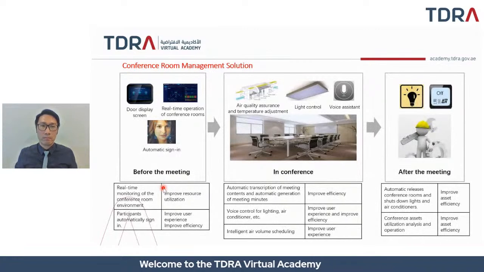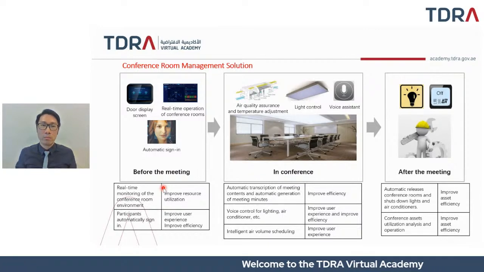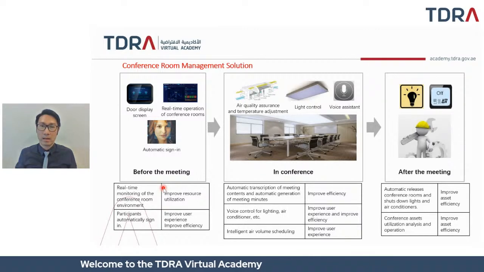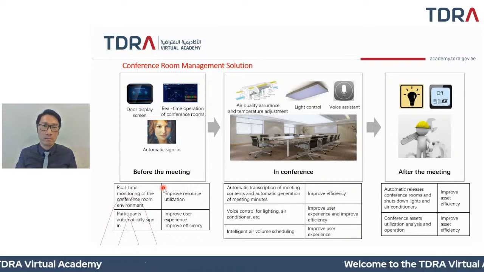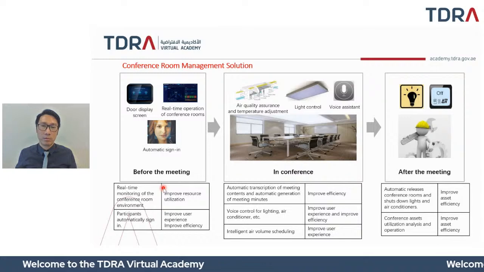And in the video, they also show how we can improve conference room reservations. Once you can book the conference room online, anytime you can book and reserve the slot for you. And before the meeting starts, they will prepare the meeting room, the temperature, lighting, everything in the meeting room.